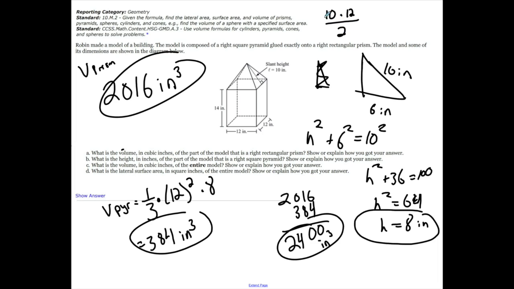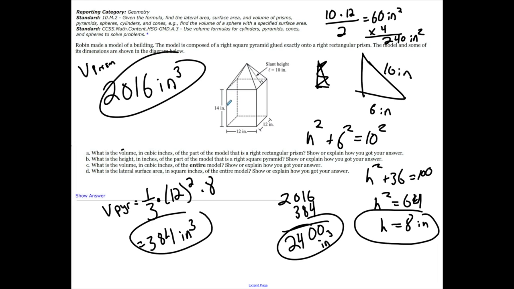So we have base times height over 2. That gives me 60 inches squared. I have 4 of these. That gets me 240 inches squared. That's the top, right? So you just got to play it by ear and, again, use logic.